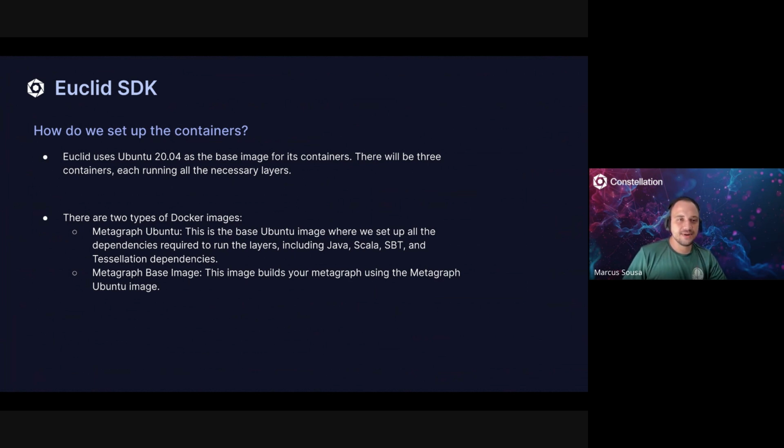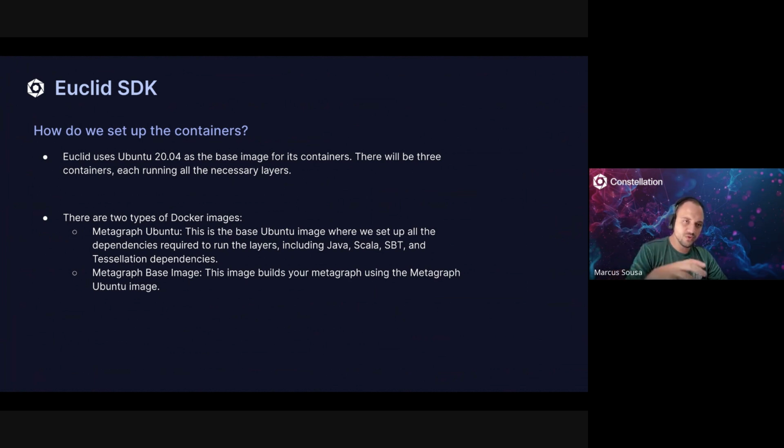And you can see right here that we have 2 types of Docker images. We have the Metagraph Ubuntu. This is our first base image, which is Ubuntu, and then we install the dependencies that we mentioned, such as Java, Scala, SBT, and Constellation dependencies. Because to build a Metagraph, we need the dependencies from the Constellation code base. So we generate all the dependencies and put them on this Metagraph Ubuntu image. Later, we use this Metagraph Ubuntu image as the base to build a second type of image called the Metagraph base image.